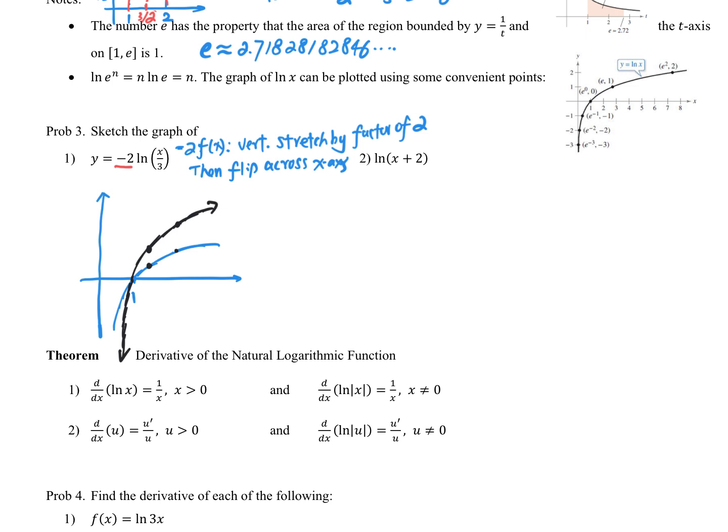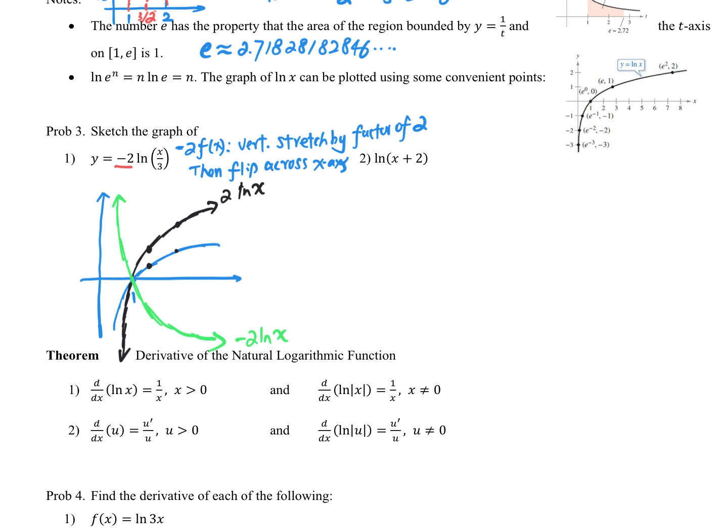So this will be 2 times ln x. And for the negative, you're going to flip it. So I'm going to flip the black curve with respect to the x-axis. Therefore, this will be negative 2 ln x.